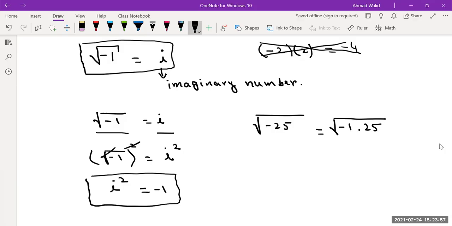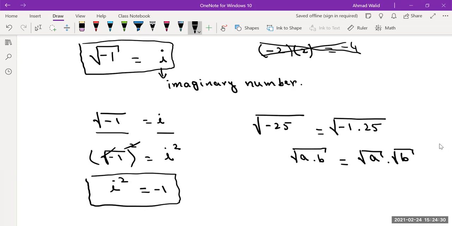Definitely yes, negative 1 times 25 gives me negative 25. I will rewrite based on the rule of radicals. I'll put the rule here first because you will ask me why I did this. If you have the square root of a times b under one square root, you can rewrite this as the square root of a times the square root of b, as two separate radicals.